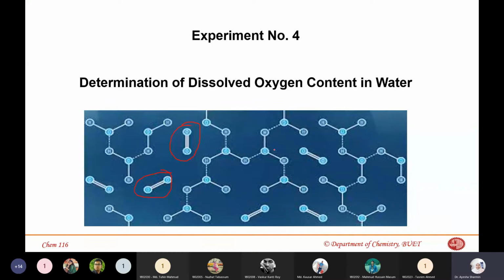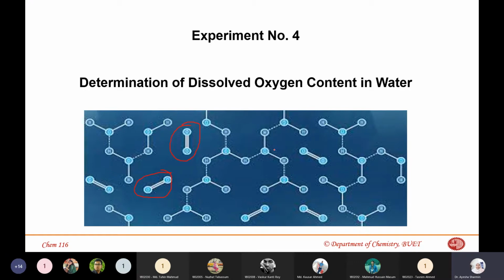Okay, and as you can see, oxygen is not very soluble in water. Although we have about 21% oxygen in the air, and 21% can be expressed by weight or by volume, like if you take 100 grams of air, you will find 21 grams of that air is oxygen.